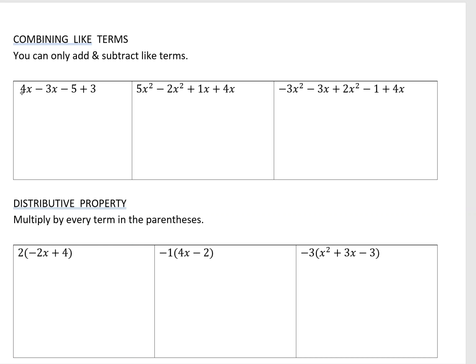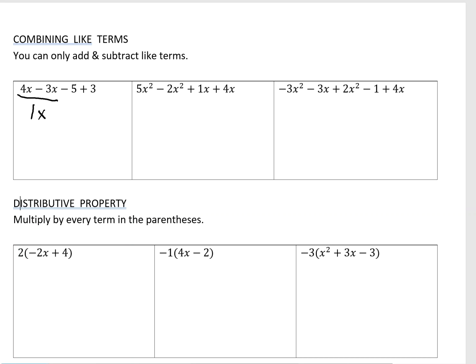Okay, so we're going to start by combining the negative 4x and 3x. And we get, it's 4x and negative 3x, sorry, so we're going to subtract and we get 1x.